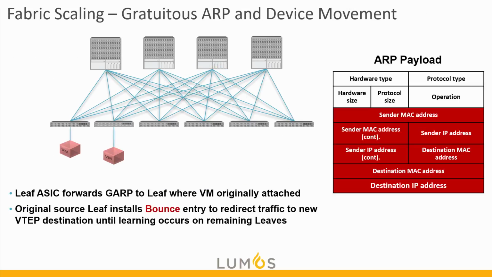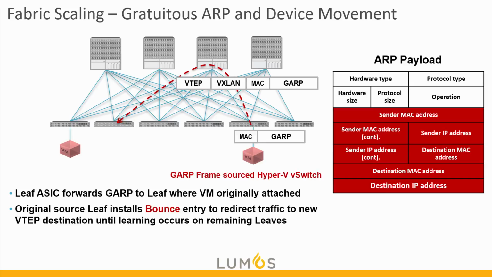Another thing deals with gratuitous ARP and device movement. So if a VM moves and the GARP or RARP occurs, the leaf ASIC is going to forward that GARP to the leaf where the VM originally was attached, but it doesn't need to flood it everywhere, again, if we learned IP addresses.